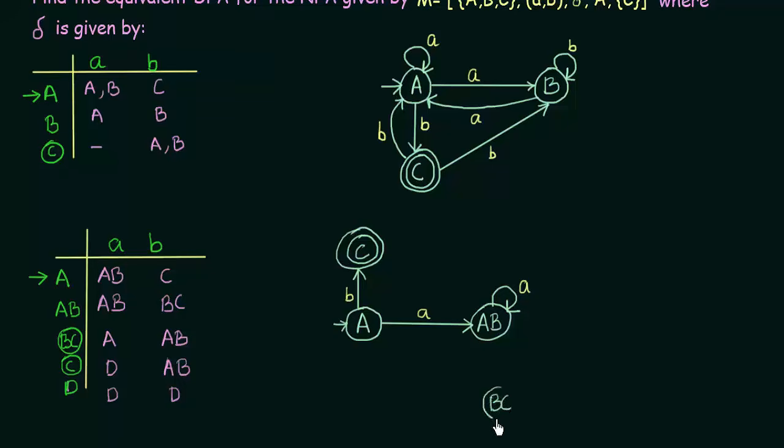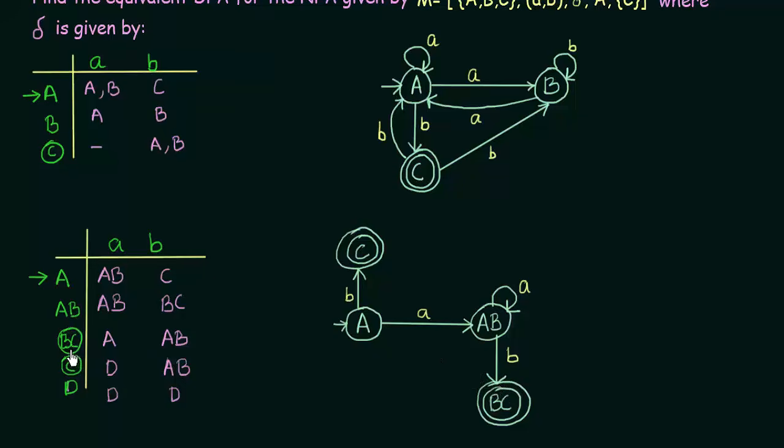BC is also a final state, so we have to put two circles around it. So AB goes to BC on getting input small b. Okay, now we have finished for AB.